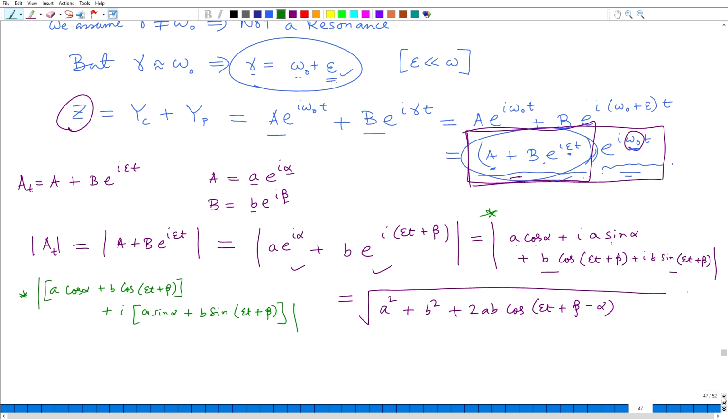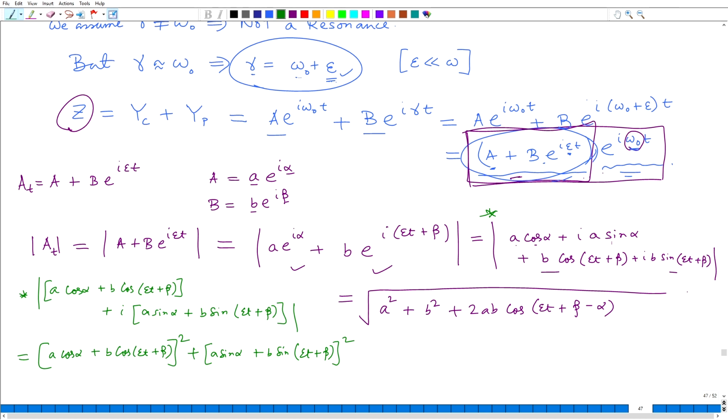And the modulus of this will actually be, now you can do your, it is like a plus i b type of thing. So, it will be (A cos alpha plus B cos (epsilon t plus beta)) whole square plus (A sin alpha plus B sin (epsilon t plus beta)) whole square.